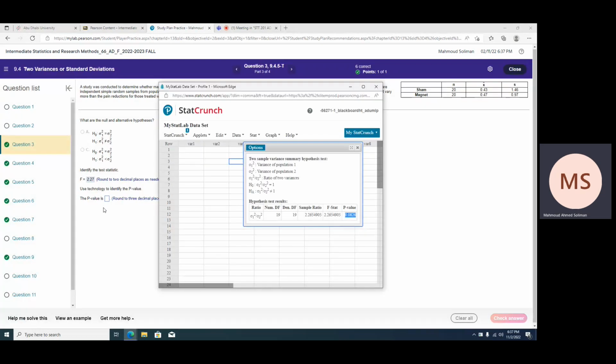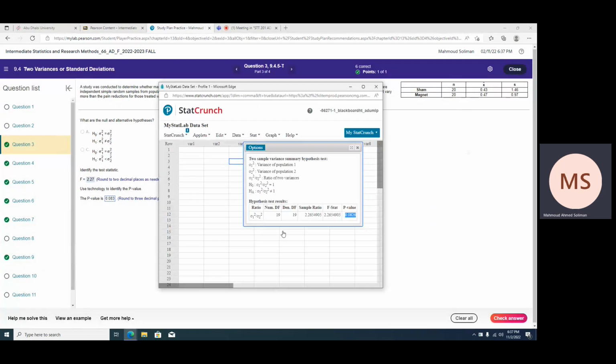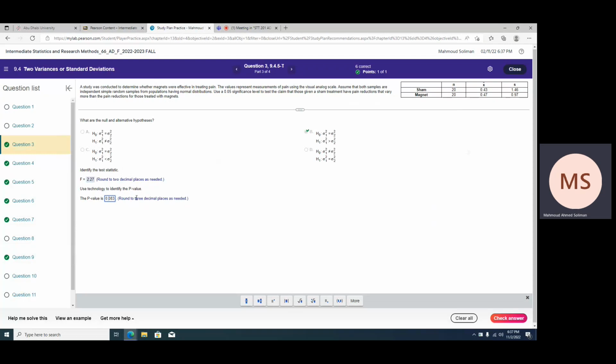So we'll copy the p value, three decimals. No, it's supposed to be three decimals. 0.083, I think, maybe 0.096. Use technology to get the p value.